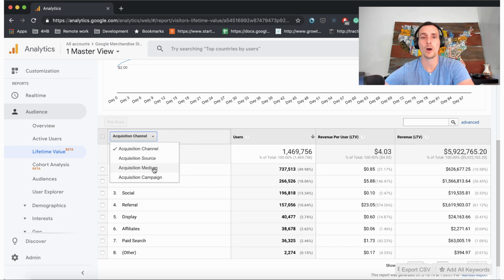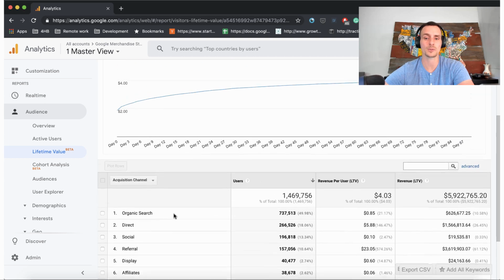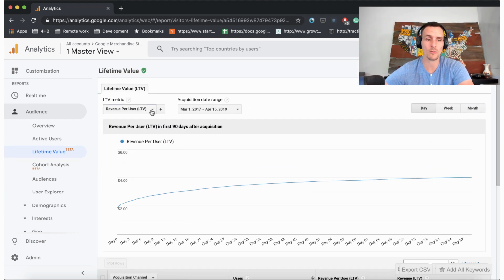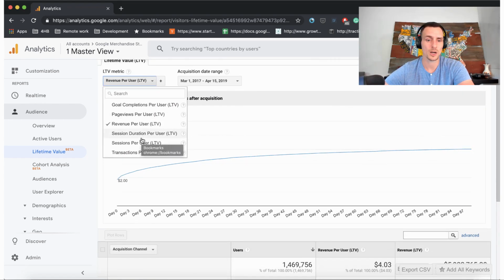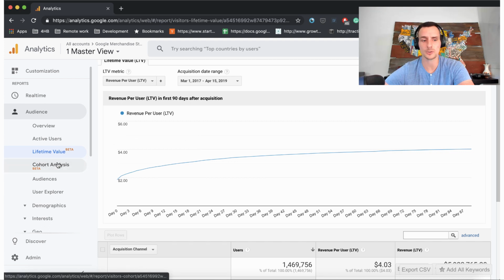So if you're properly tagging your marketing campaigns, then you'll be able to see how that traffic is coming in, and based upon the revenue that they're bringing in, if you're setting up revenue goals, you'll be able to see how valuable each of those individual channels are, which is really powerful. We can also show this by goal completions and some other metrics, but I think you get the picture there.